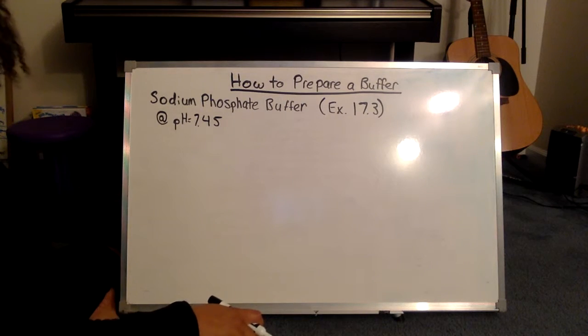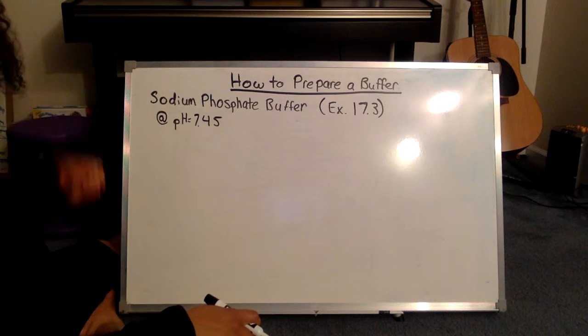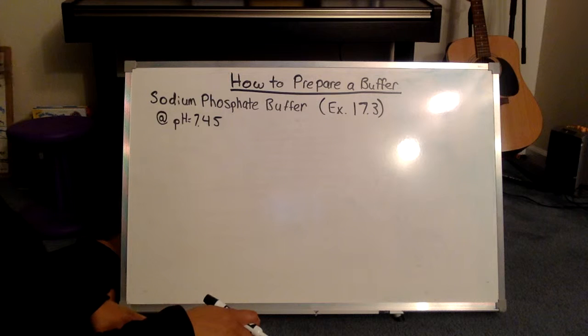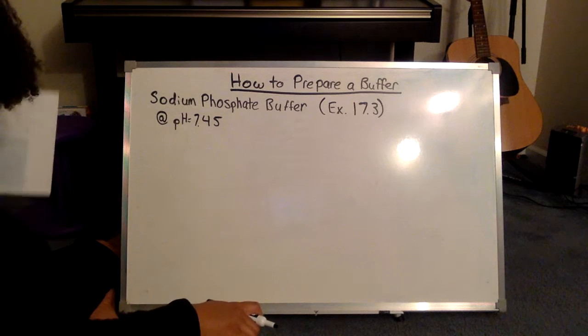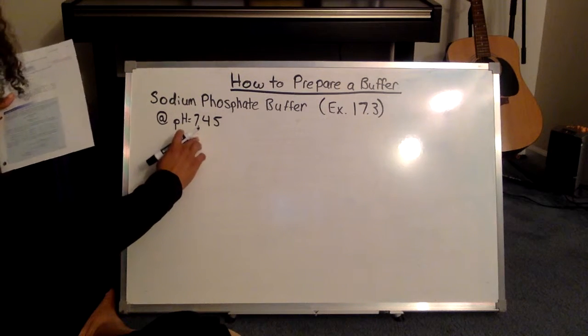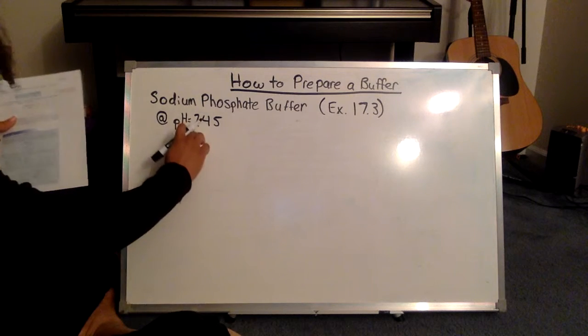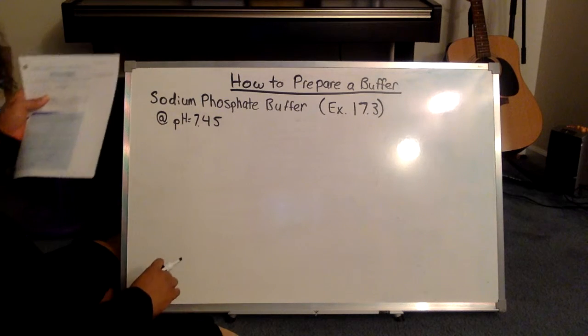And so a lot of times we as biologists and chemists will make this so that we can simulate the conditions of the human body, right? Okay, great. So we want to make a buffer at a particular pH, and we need to know what ingredients to put in so that we can achieve that particular pH.